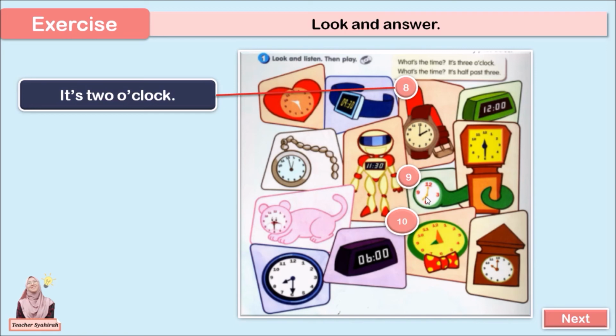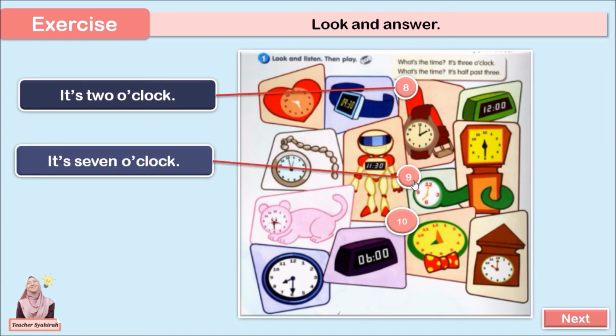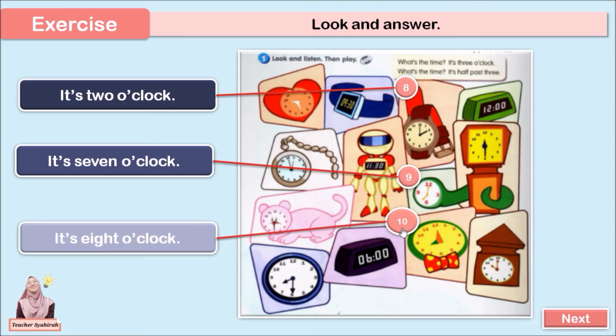So the shorter hand here shows at 7 and then the longer one shows at 12. So what time is it? Correct, it's 7 o'clock. So the next one is, it shows at 8 and then the longer one shows at 12. How do you read it? It's 8 o'clock.